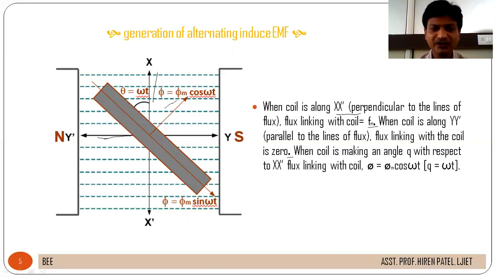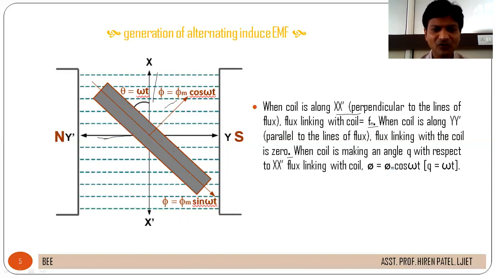You have to remember these two positions. When the coil is on the XX dash axis, maximum flux links with the coil, and when the coil is on the YY dash axis, the flux linking with the coil is 0.